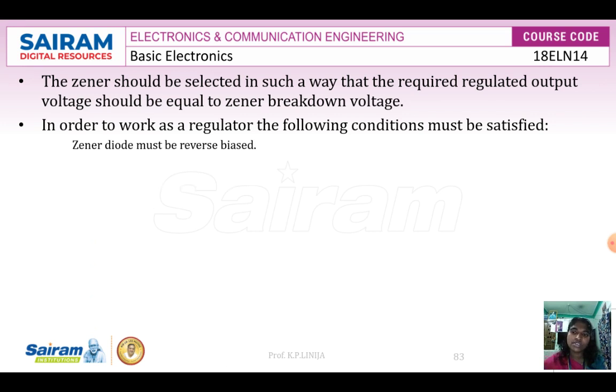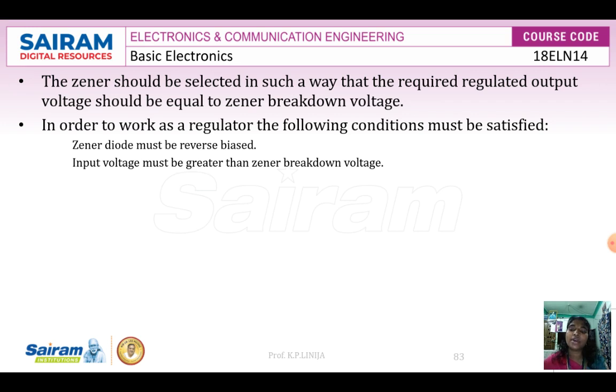The first one is that the Zener diode must be reverse biased. We know that the Zener diode will conduct in forward bias condition, and apart from that, the Zener diode will operate in reverse bias. But here, the first condition to be satisfied is that the Zener diode must be reverse biased.